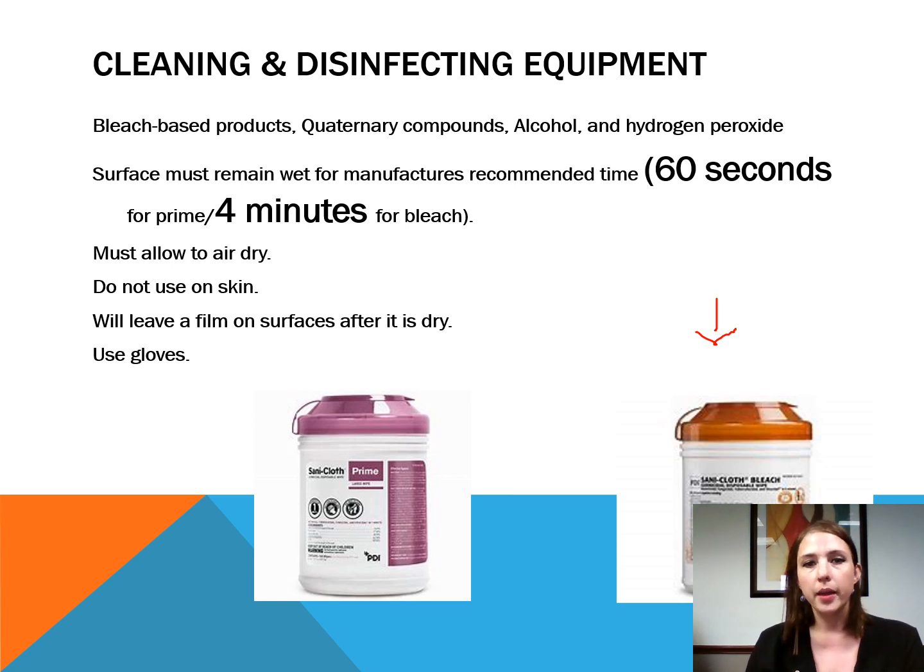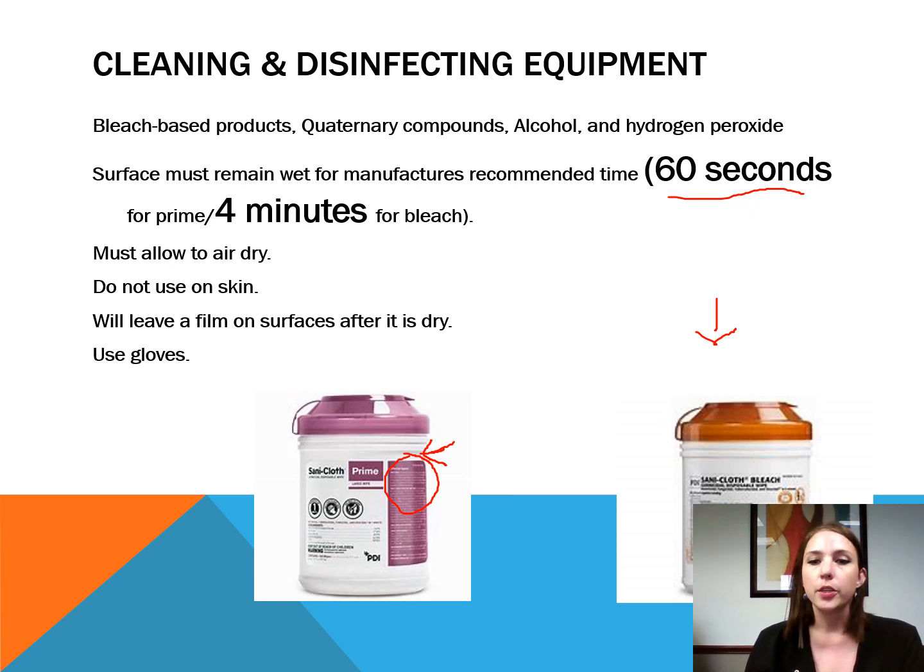For the Prime, you can find what they call the contact time of any disinfectant on the surface of the canister. So if you're using a disinfectant that's not necessarily Prime or this one, you'd look on the label of the product and it will tell you the contact time. So for Prime, for example, that's 60 seconds.